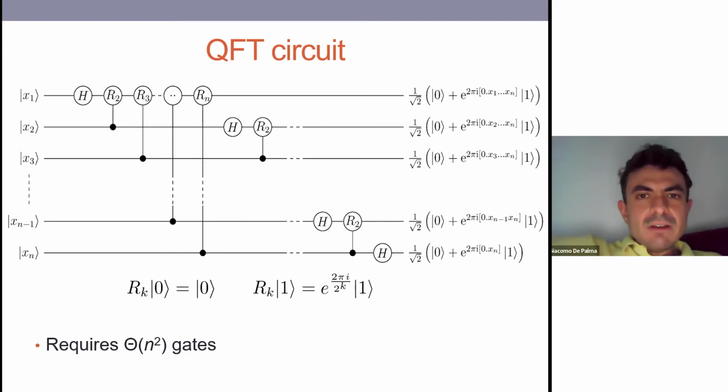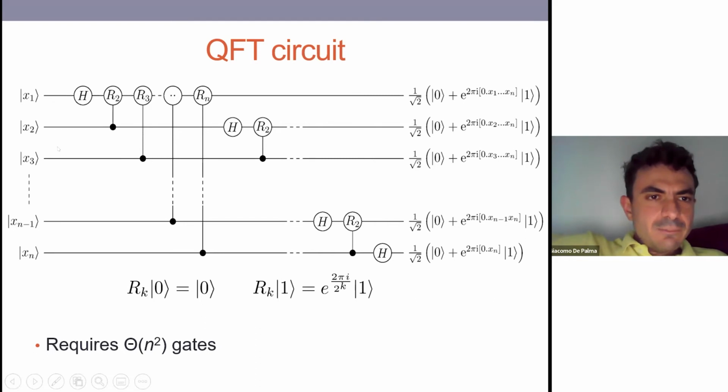So when we are building a circuit for a given quantum operation, we only have to check that the circuit behaves as expected on the vectors of the computational basis. And if it behaves as expected on those vectors, then it will behave as expected on a generic linear superposition of the basis vectors.